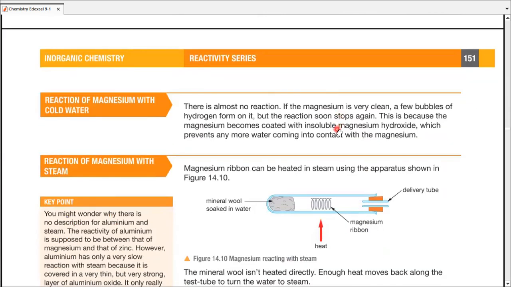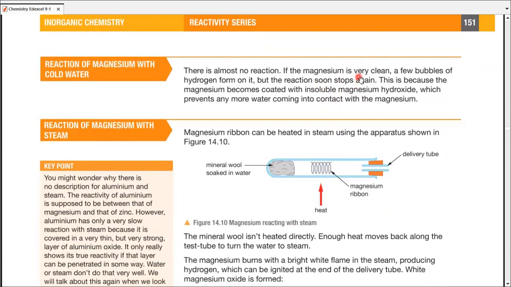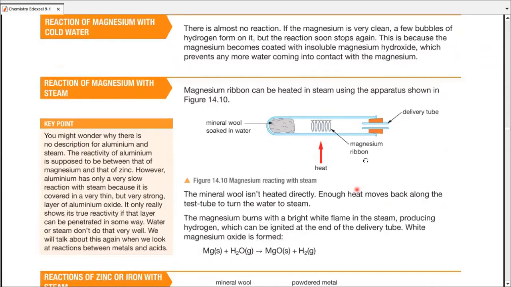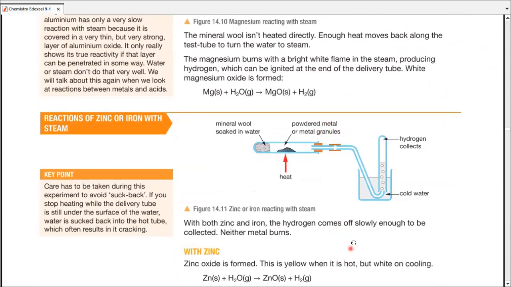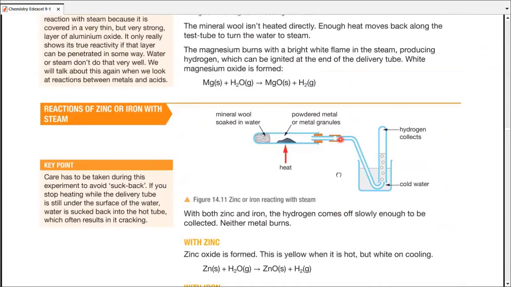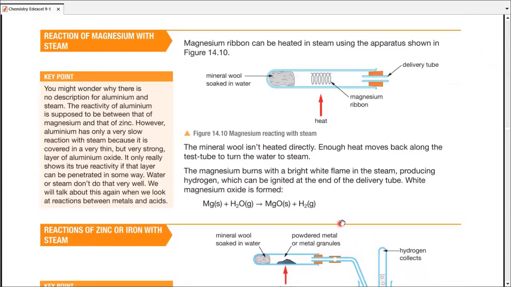We don't even try it with steam. But for magnesium, we do try it with steam and cold water. There is almost no reaction with cold water, but there's definitely a reaction with steam. So there are different ways we perform these, and you need to remember each and every single one of them because they're not the same in terms of reactivity.